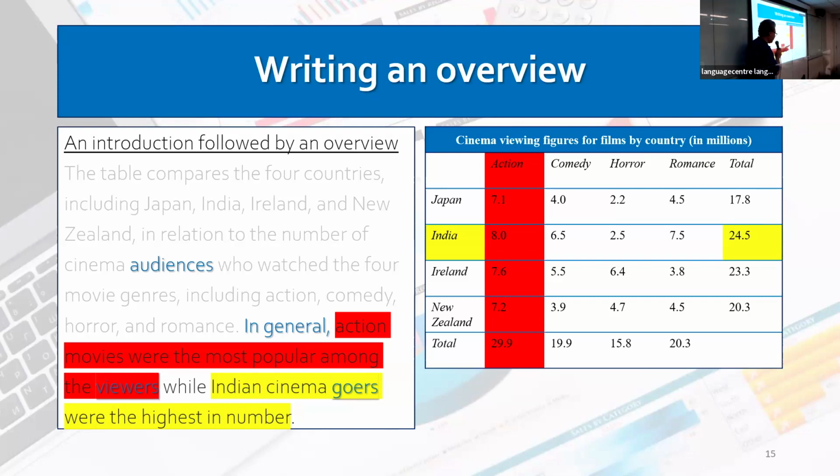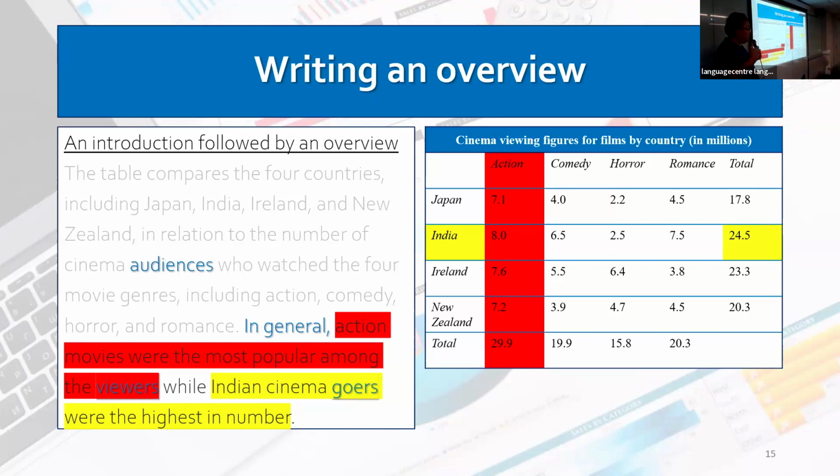So I incorporated this into my overview. And then this yellow part actually corresponds to the information here in the table. I can also see that in India, there were more cinema goers. So I incorporated this piece of information in the overview.